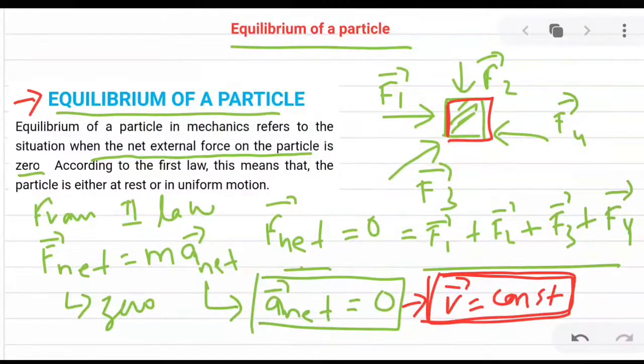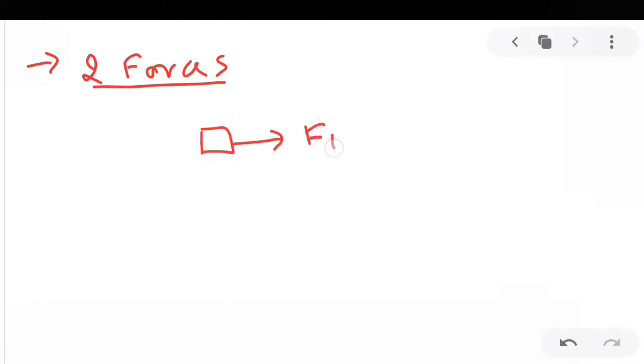Now let us take a few examples. Suppose we have an object acted upon by only two forces. This object is acted upon by force F1 in this direction and F2 in the opposite direction.